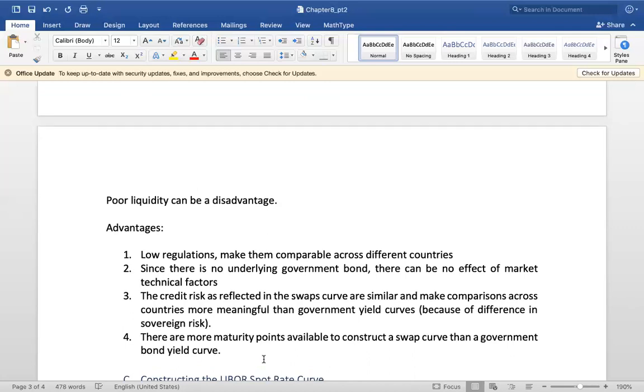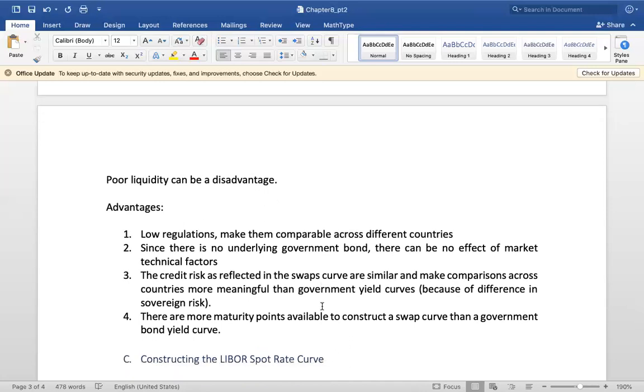For example, for the US government bond, we have only 3 months, 6 months, 9 months, 1 year, 2 year, 5 year, and 10 year. But for the swap market, we have 2, 3, 4, 5, 6, 7, 8, 9, 10, 15, and 30-year maturities, right? So these are the main advantages of using a swap curve.